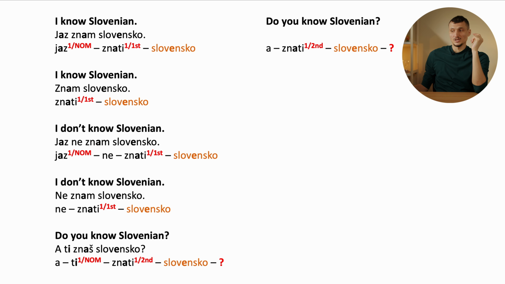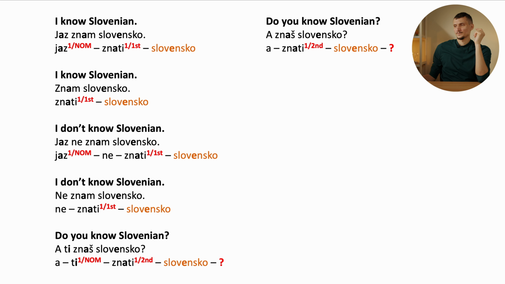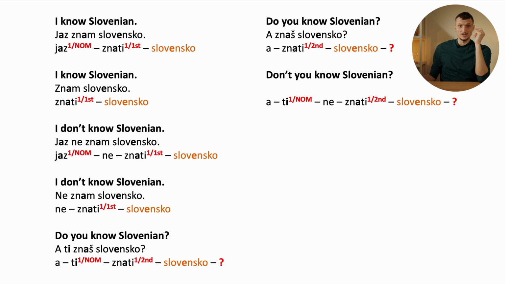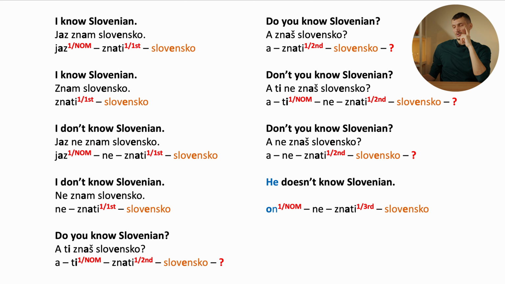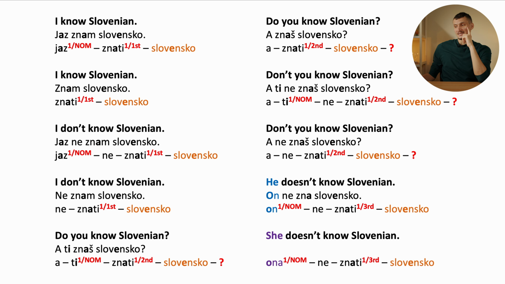Do you know Slovenian? A znaš slovensko? Don't you know Slovenian? A ti ne znaš slovensko? Don't you know Slovenian? A ne znaš slovensko? He doesn't know Slovenian. On ne zna slovensko. She doesn't know Slovenian. Ona ne zna slovensko.